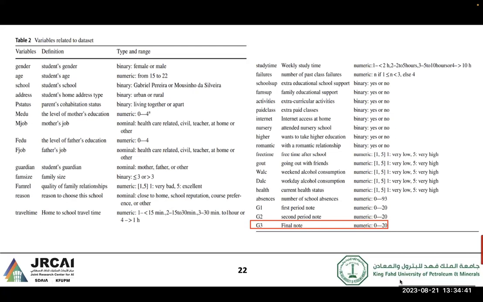Basically, as mentioned earlier, we have the demographic information, background about the family, maybe the time to reach the school, the quality of family relationships, and as you can see, some of them are binary, and some of them have a range.